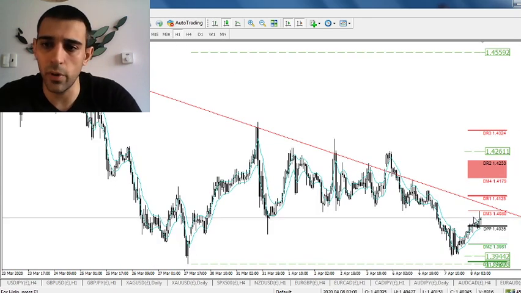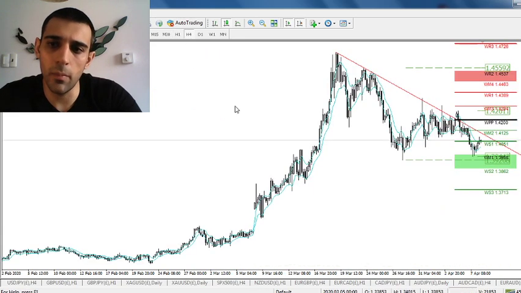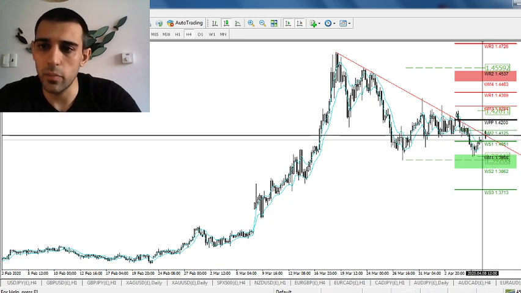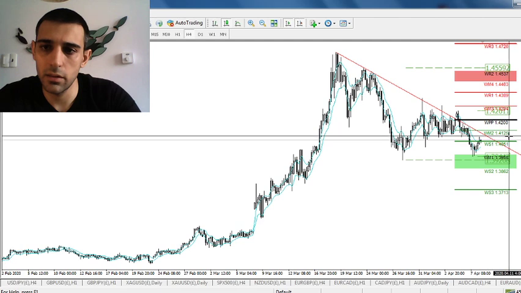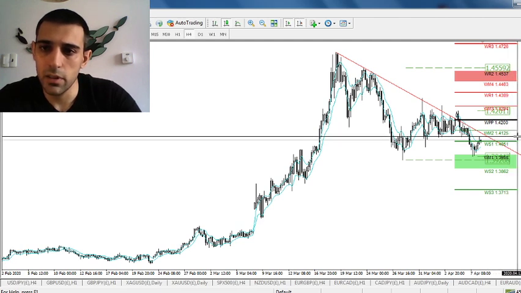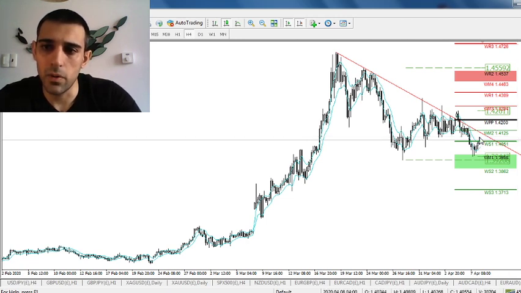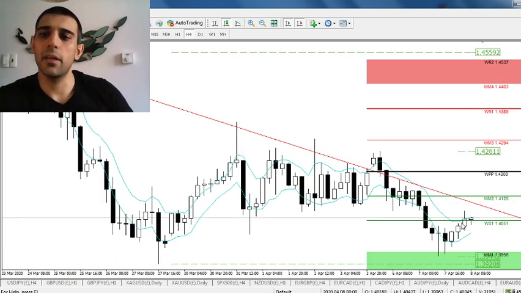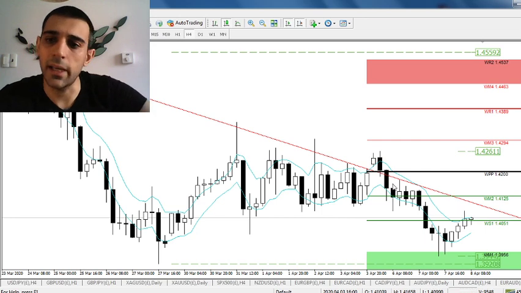Maybe it will break it now, but I do want to see a break. We have this resistance here, which is quite decent at the 140.80 area. The price already tested this high here and had a reaction, put in this sort of inverted hammer, and now it's coming back up again.